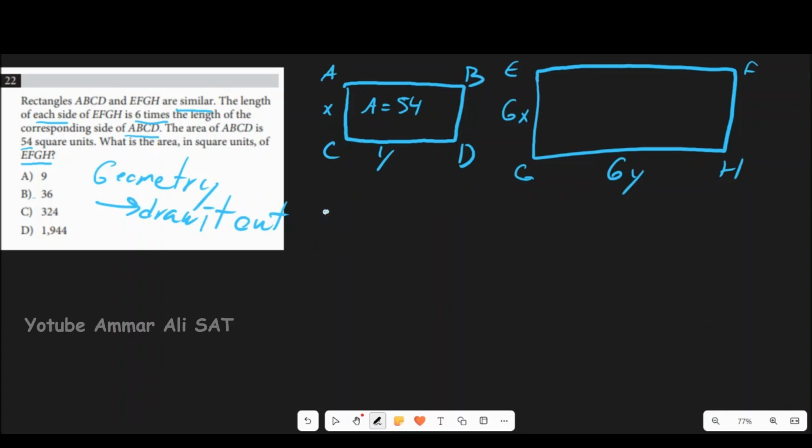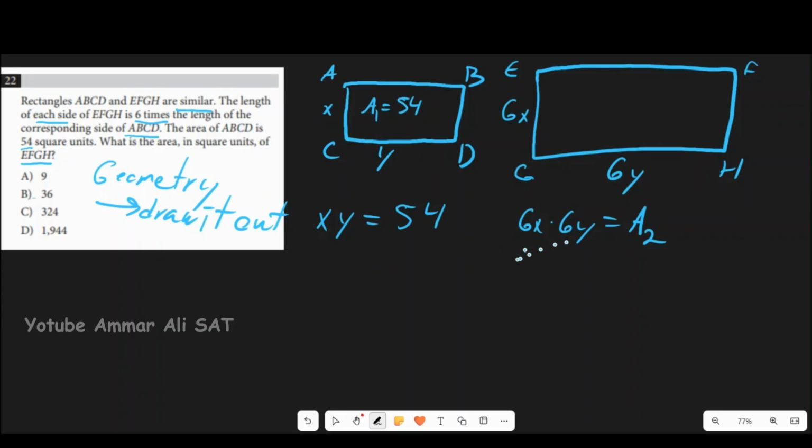We know that x times y is going to equal 54, because length times width is area. And then let's look at this one. We know that 6x times 6y is going to give us some area, and I'll call it A2 so things are not confusing.